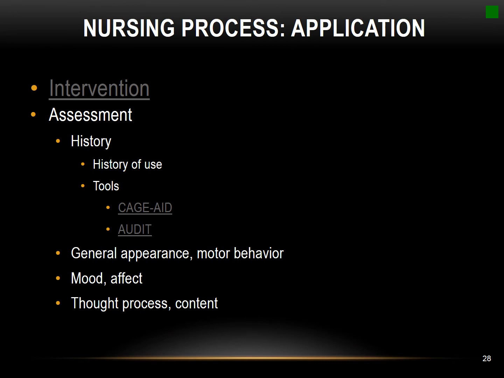Now let's get into the nursing process. Mostly in this nursing process, I'm going to keep referring to alcohol. Some of this is also applicable to other drug use. So you'll see this very first grayed out thing that says Intervention. I have a saved episode of Intervention. Honestly, if you've never been around an addict, please watch this episode.